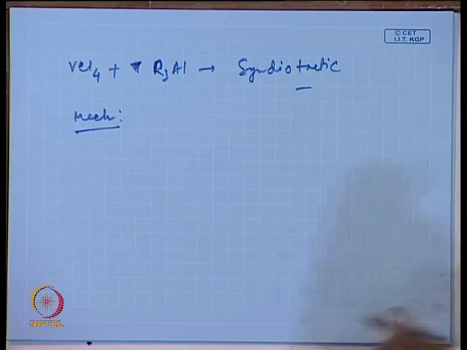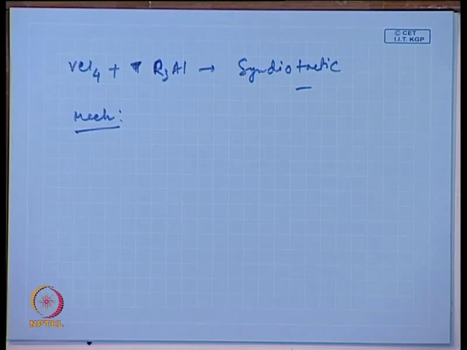There have been a lot of studies and a lot of mechanisms proposed during the last several decades, and till now there is no mechanism which has been accepted by all the polymer chemists or the scientists working in this field. So, this Ziegler-Natta polymerization is still not completely understood.